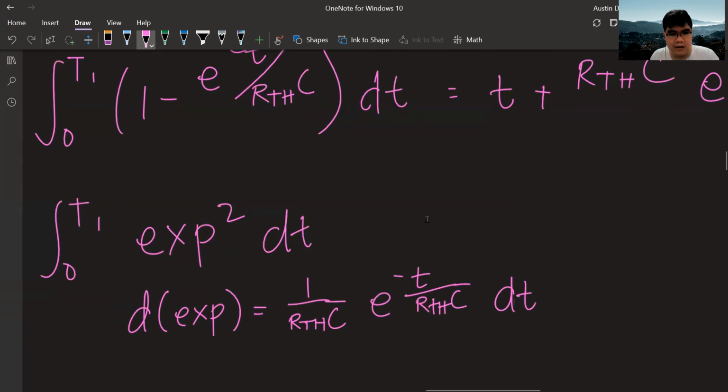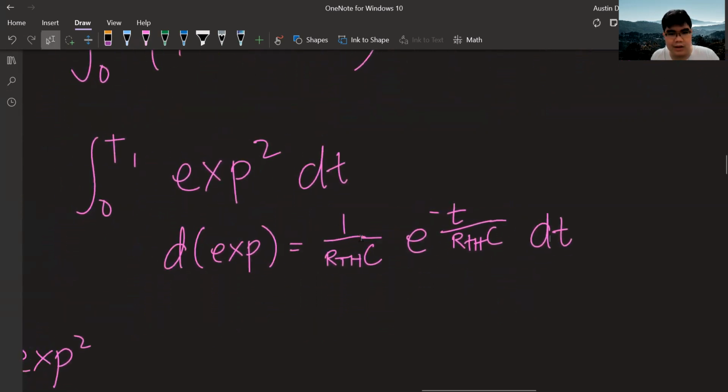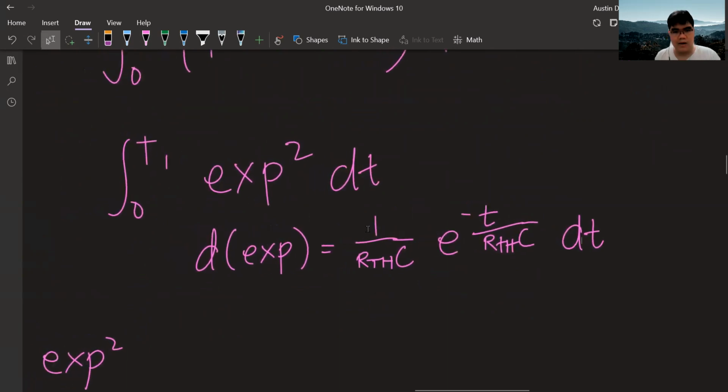Okay, mas madali ba to? So, dt is equal to, okay, mahirap tayo. Papakahirap pa tayo pag ganito.